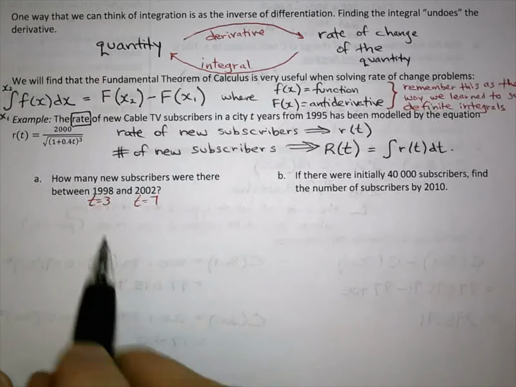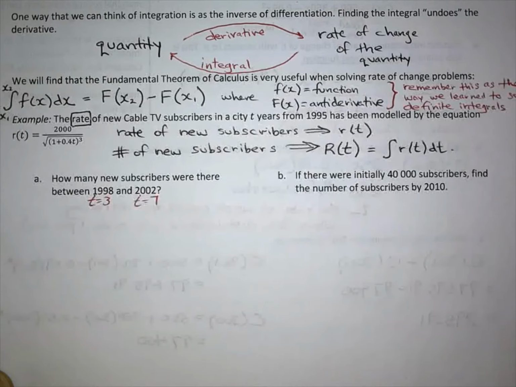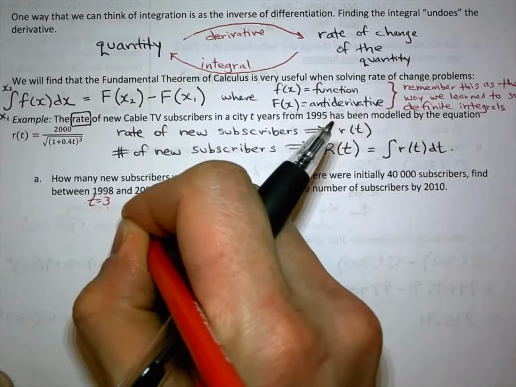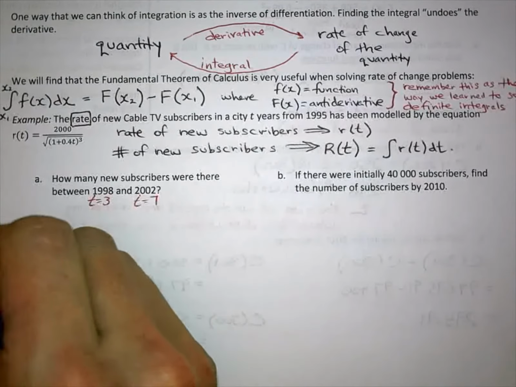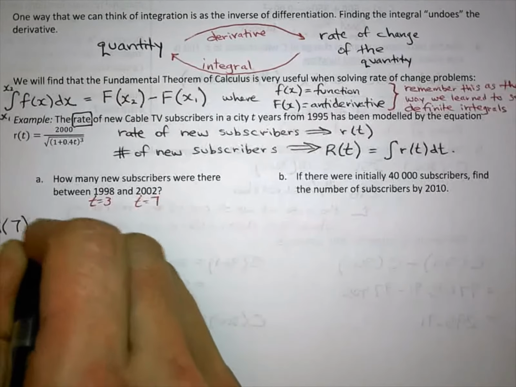At 2002, the new subscribers would be R at 7, and in 1998 it would be R at 3. So I really am asking what's R at 7 minus R at 3.